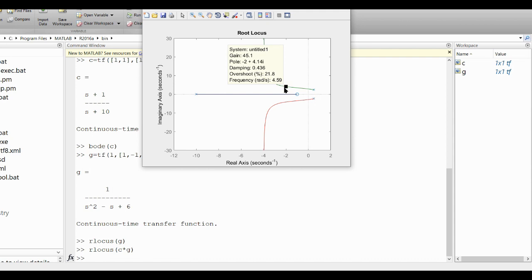And so although I am specifying two scalar values, I'm specifying a point in the complex plane. I'm saying it must go through.